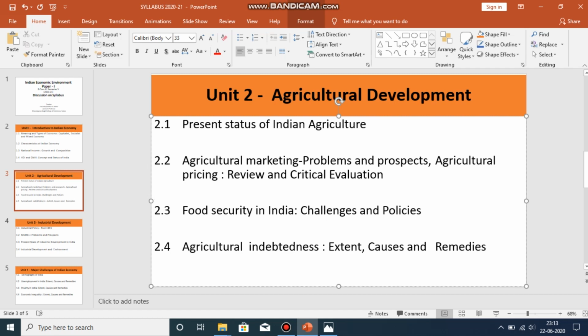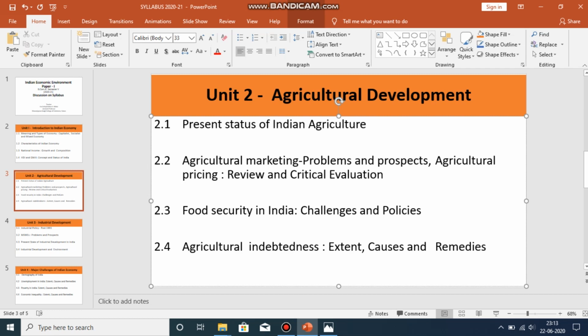Then in the next point, 2.3, food security in India: challenges and policies. The issue of food security is very important as far as the country's development is concerned.